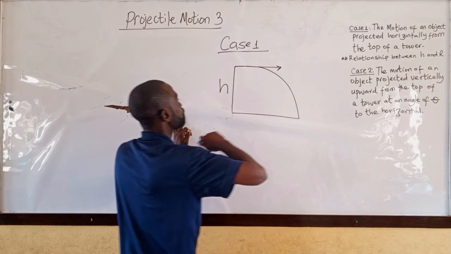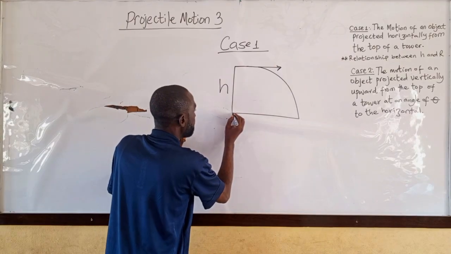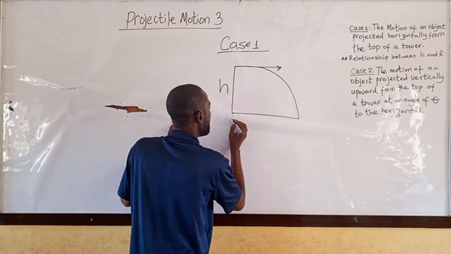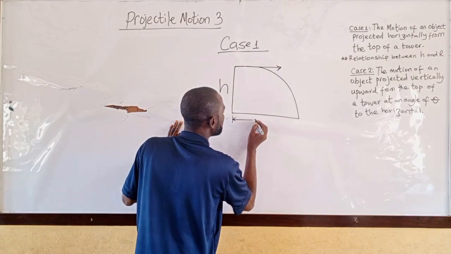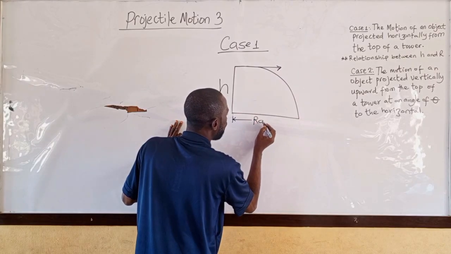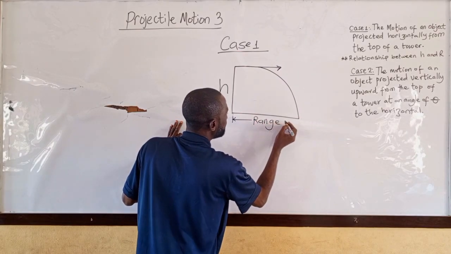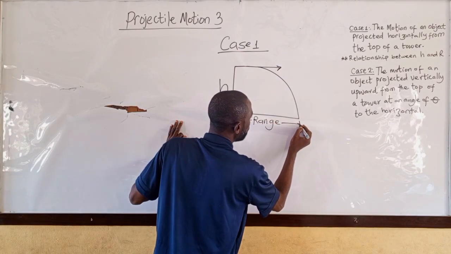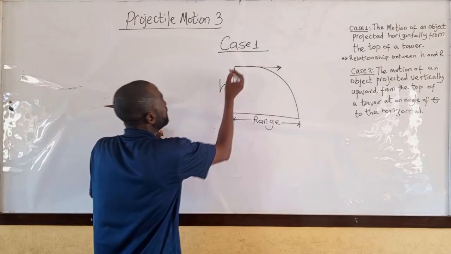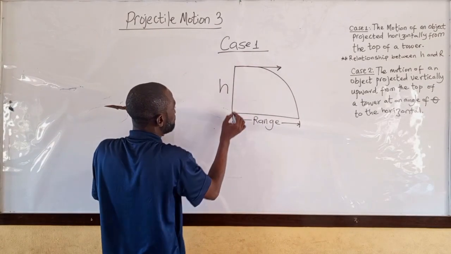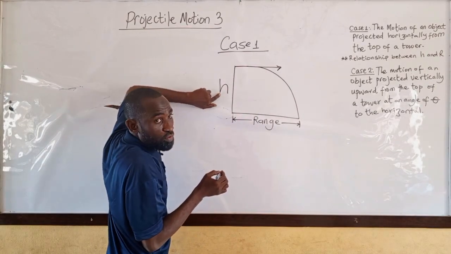Are you with me? From here to here is what we call the horizontal distance covered by the body, which is the range. This place to this place is the height of the tower.